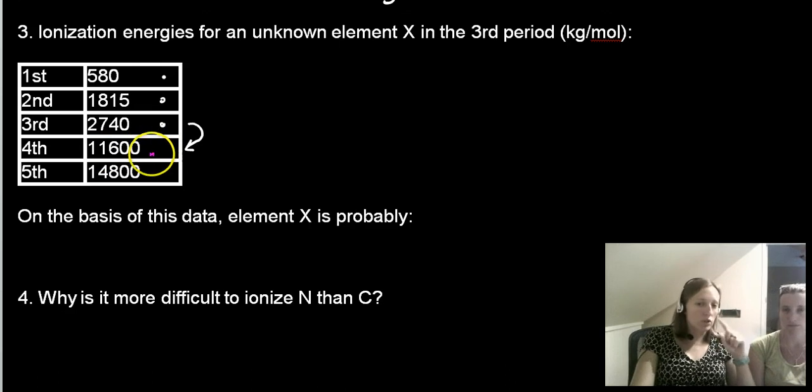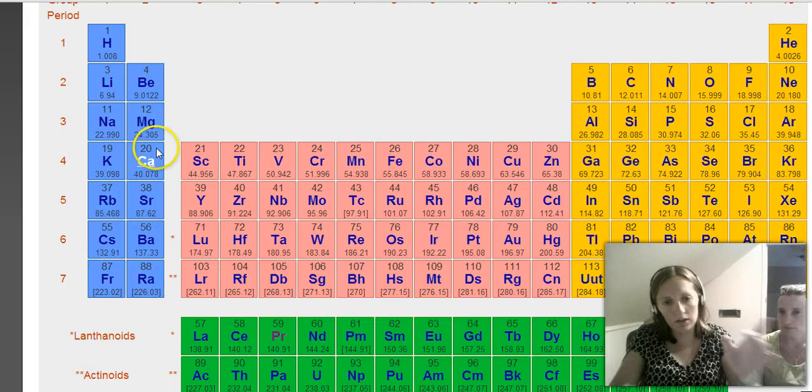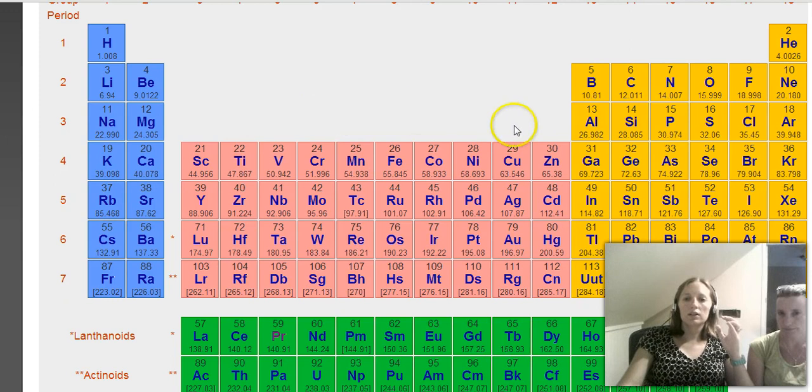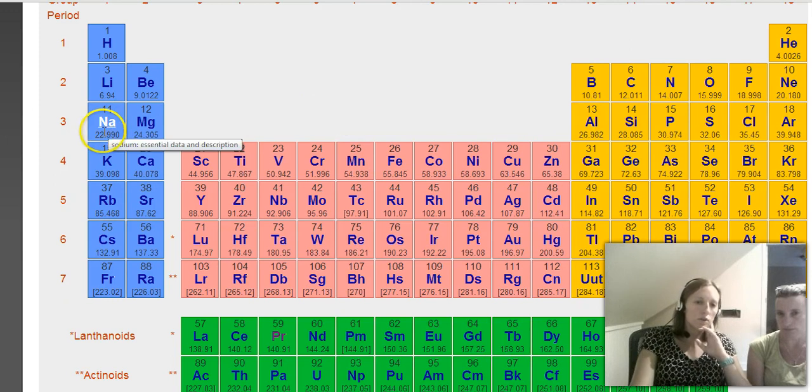So let's go and see who qualifies for that in the third period. Sodium would be happy with 1 coming off and then would get crazy when 2 came off. Magnesium would be okay with 1 and 2 coming off, but not 3.